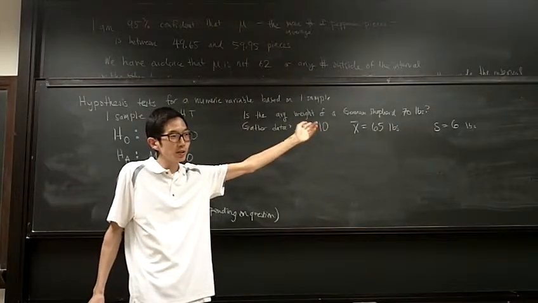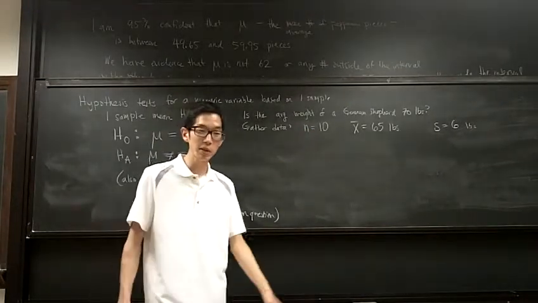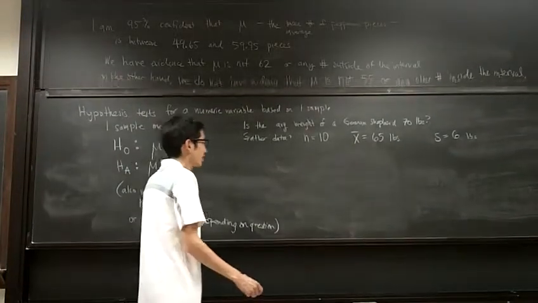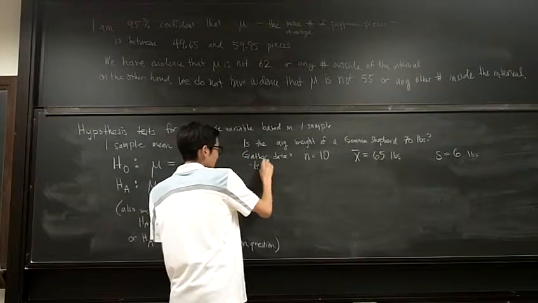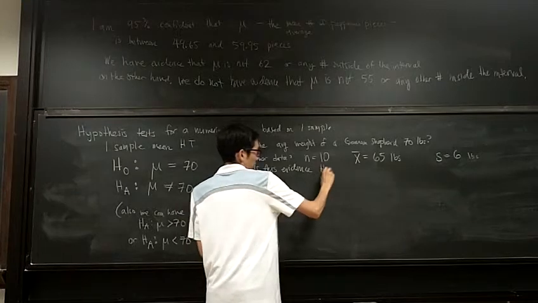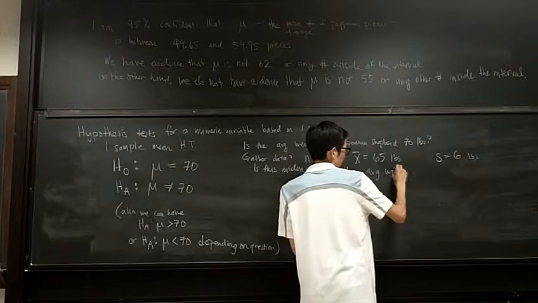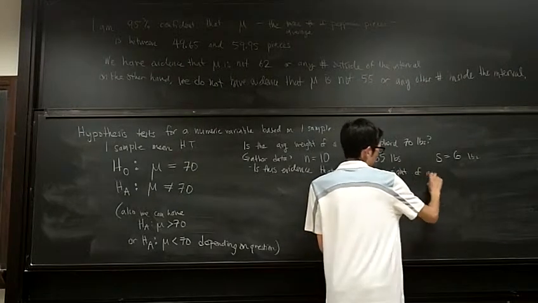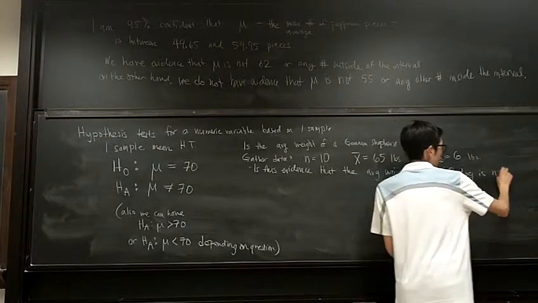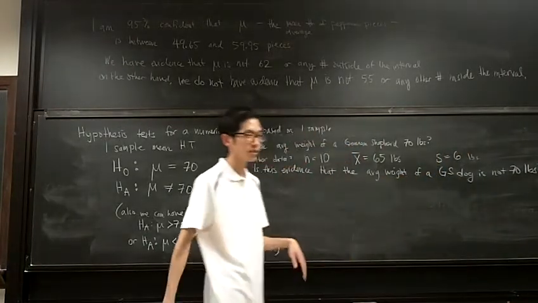So based on our sample, is this evidence that the average weight of a German Shepherd dog is not 70 pounds? Okay, so we understand the question here?